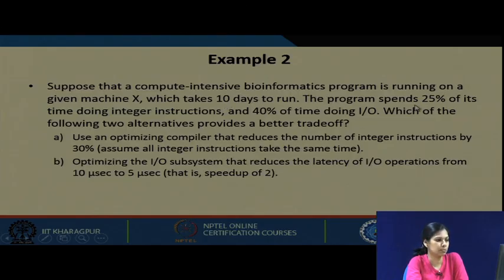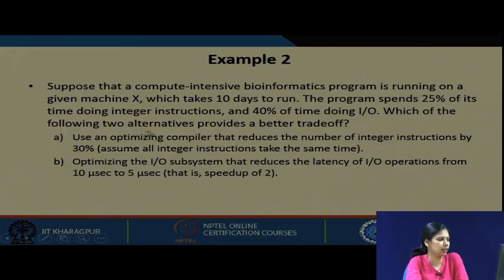The program spends 25% of its time doing integer instructions and 40% of the time doing IO.